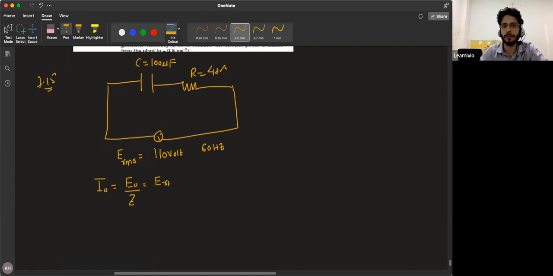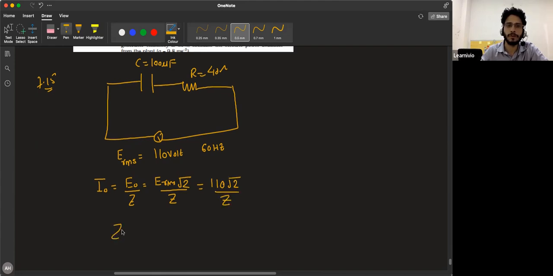So it will be ERMS into root 2 divided by Z. Now you can substitute all values here. How much is ERMS? That is 110 into root 2 divided by Z.